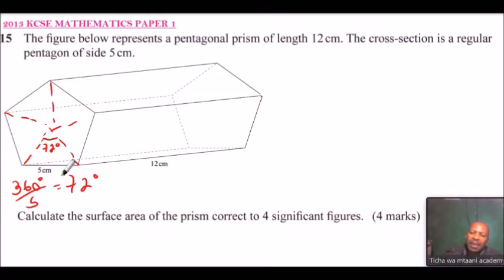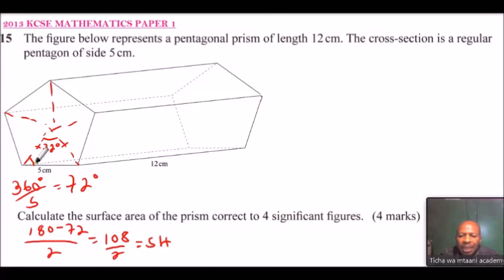Once we have that, because it is an isosceles triangle, we can get this angle here, and that will be 180 minus 72, you divide by 2. That is 108 divided by 2, which gives you 54. So this is angle 54.